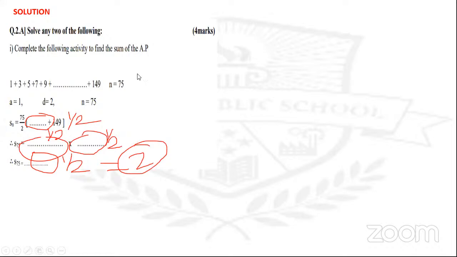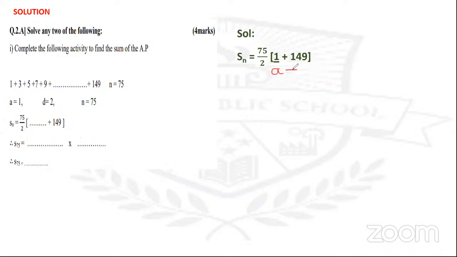Now, when you write the solution, we start from the first blank here. Sn equals 75 upon 2, and here you've got this blank plus 149. Now 149 is your Tn, the last term. So there is one formula of Sn: T1 plus Tn, or instead of T1, you write it as a plus Tn.